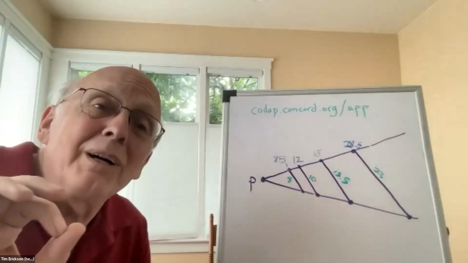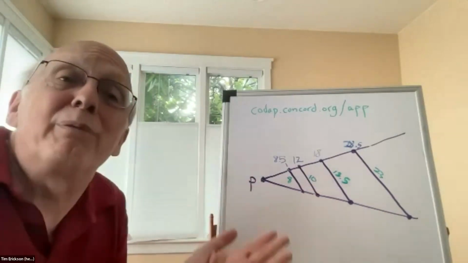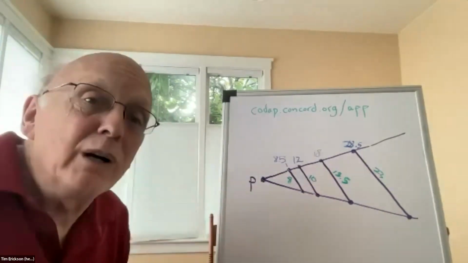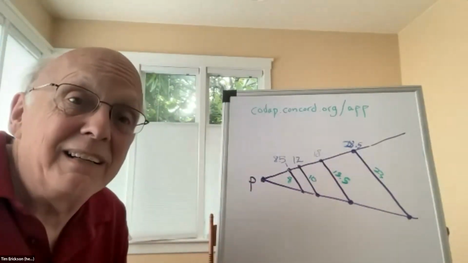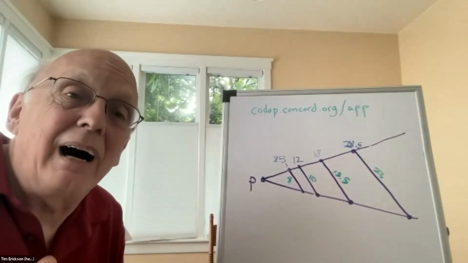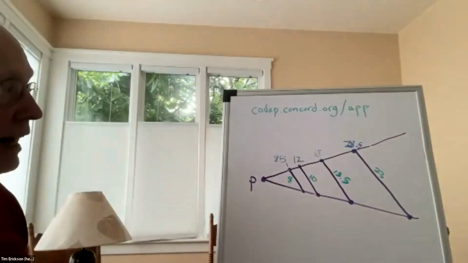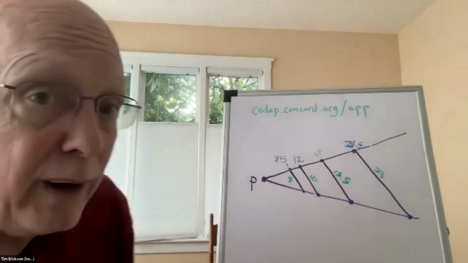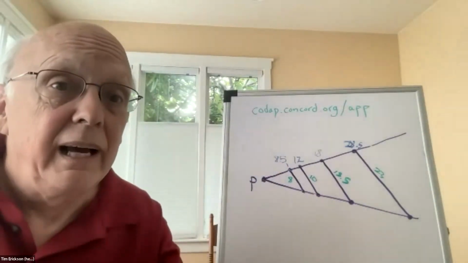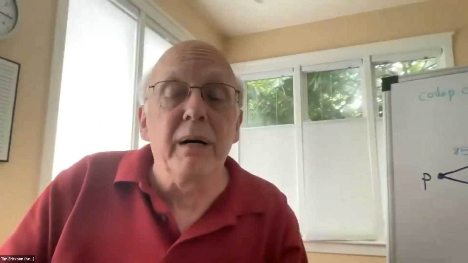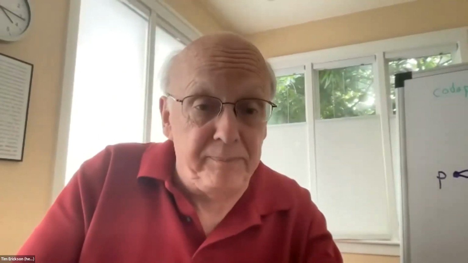So we can approach it either way, but we're going to approach it through data. And in order to do that, I'm going to share my screen, and we're going to go to CODAP.